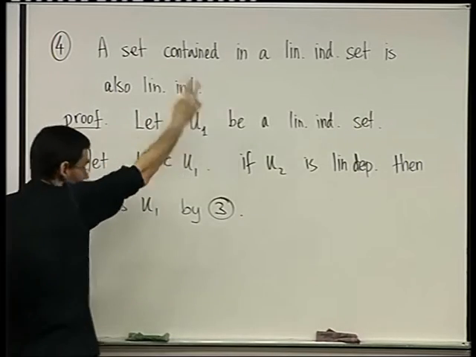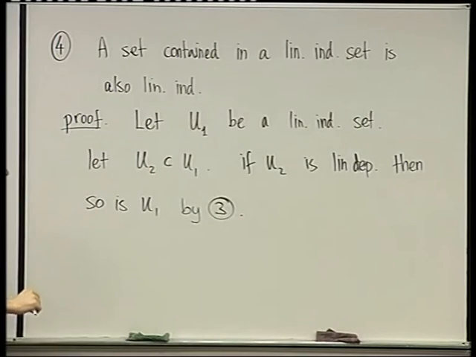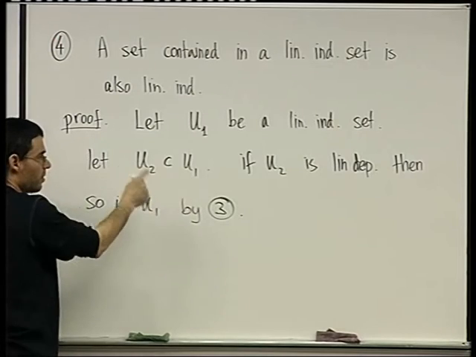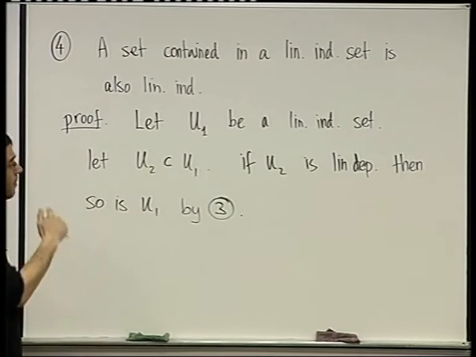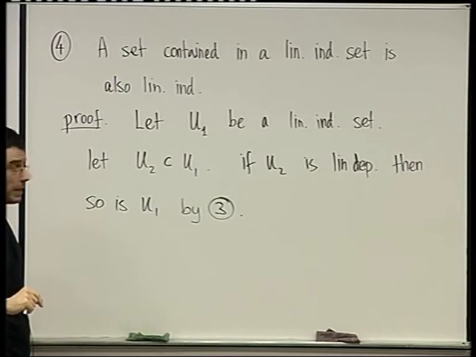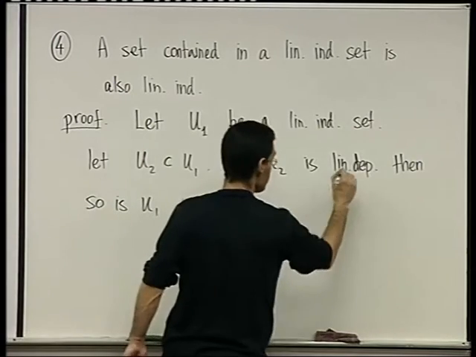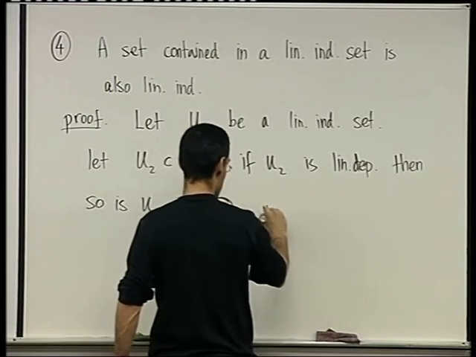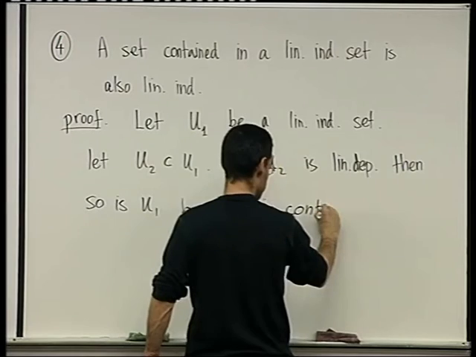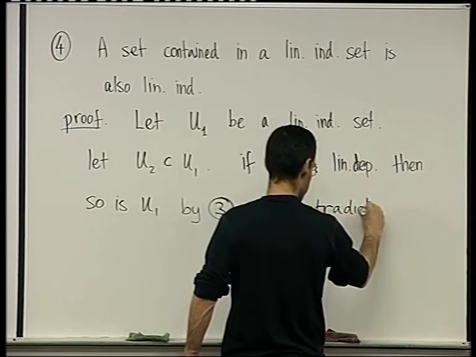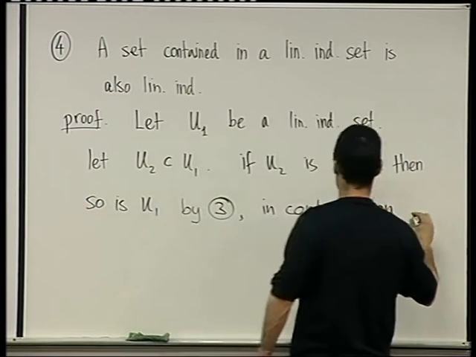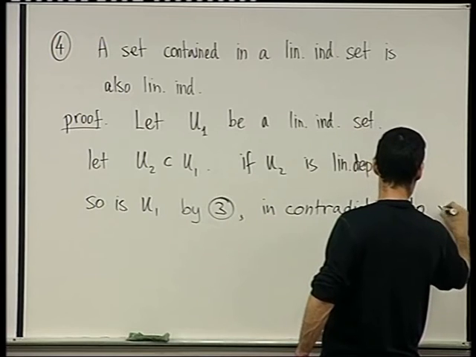We started with a linearly independent set. By theorem 3, if you take a subset that was linearly dependent, it would also be linearly dependent. In contradiction to the start.